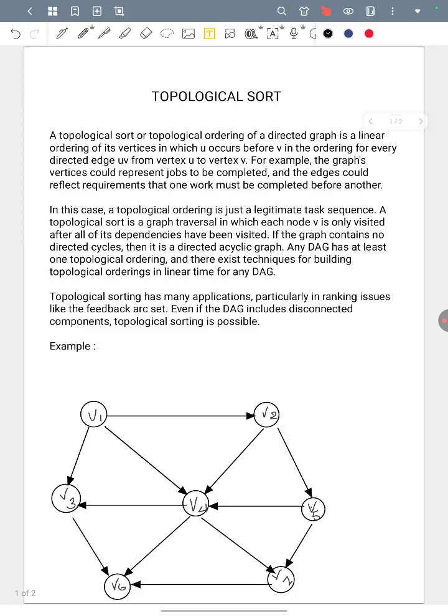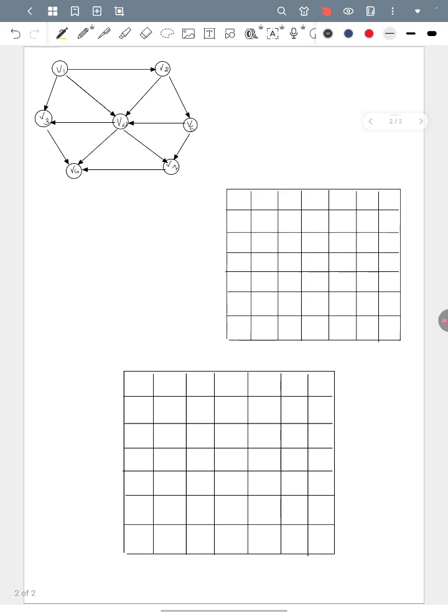Okay. Now we will see how to find the topological sort for the given example. This is the example graph we have to sort. Now, the first and foremost step I have to follow is finding the adjacency matrix.